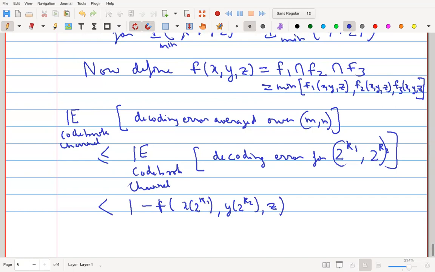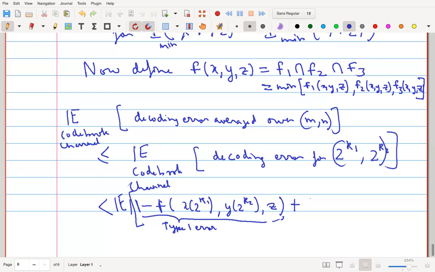Remember, there is this expectation, of course, over the choice of the code book. So this thing is what is called the type 1 error. And more interesting is usually the type 2 error.